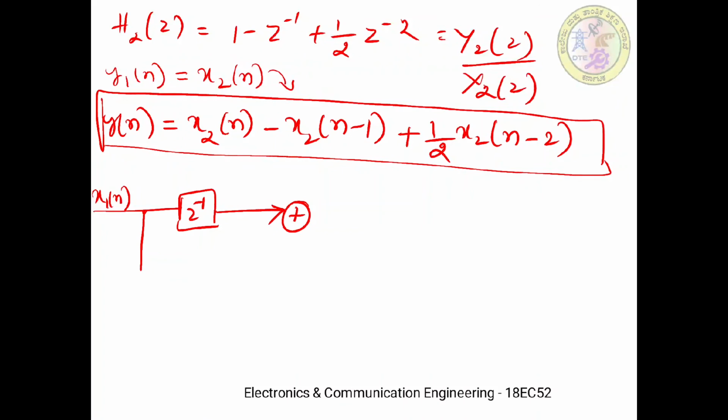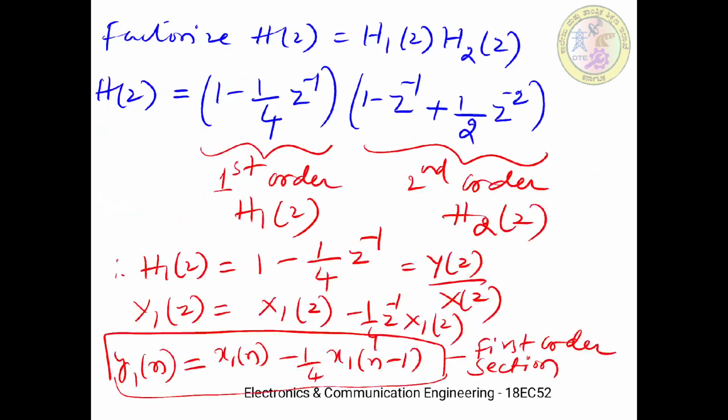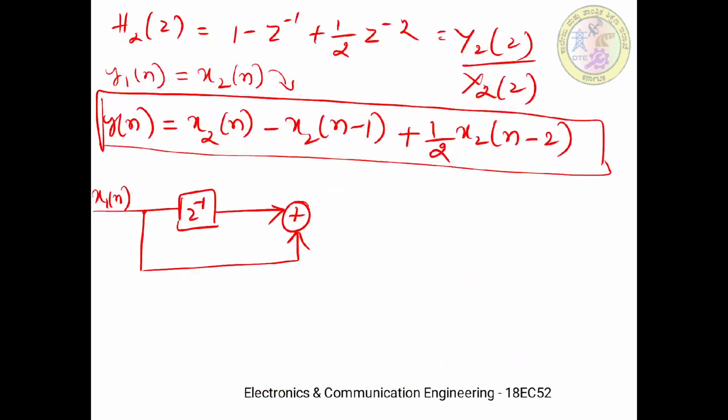Going back, 1 by 4 is multiplied with x1 of n minus 1, so here it is minus 1 by 4. The delayed signal will be multiplied by minus 1 by 4, and the output, that is y1, is feeding as the input for the second stage.